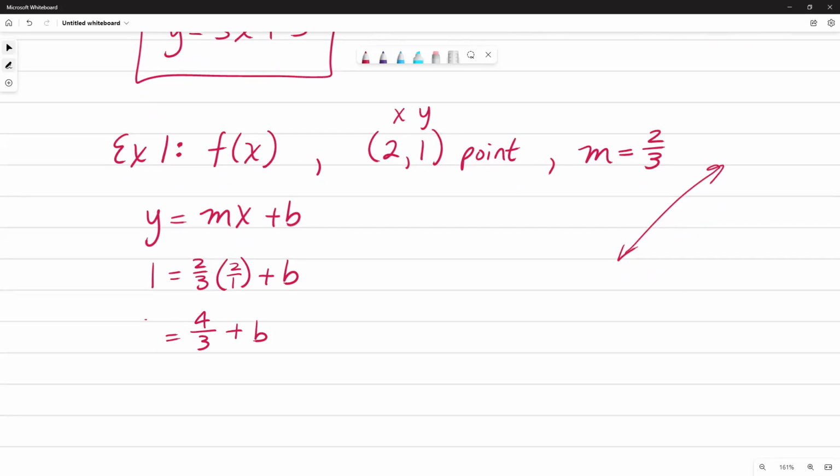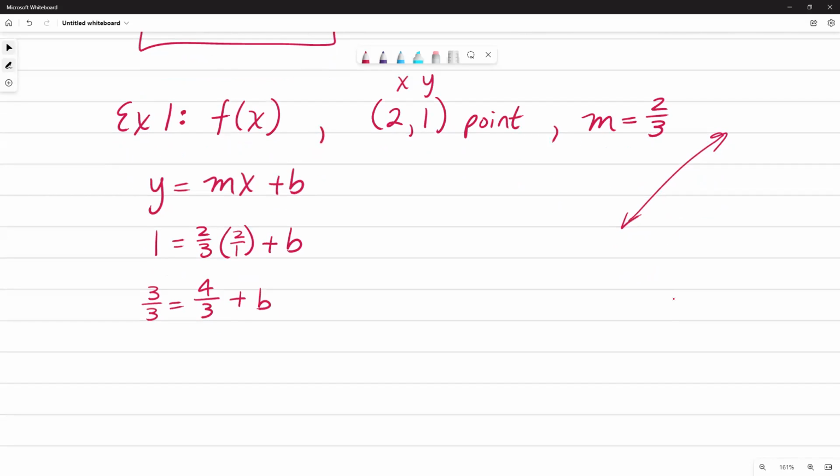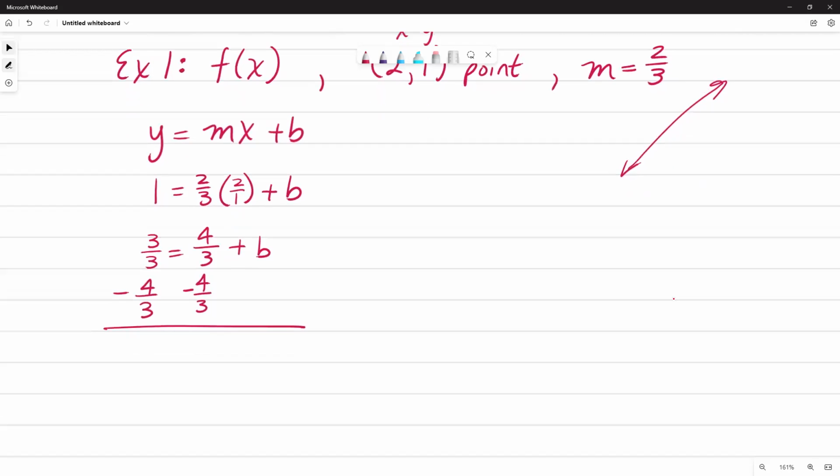So I'm going to rewrite 1 as 3/3 so that I have a similar denominator, and then subtract 4/3 from both sides. So all I'm looking at is my numerator. When I subtract, the denominator stays 3. Also, know it's going to be negative. So 3 minus 4 is -1. So my y-intercept is -1/3.